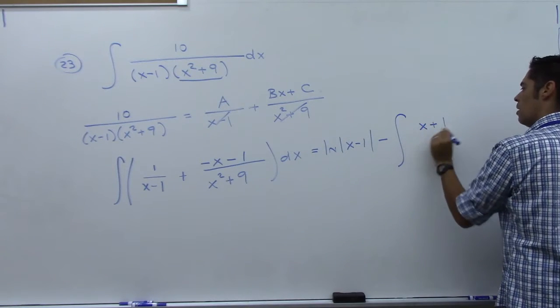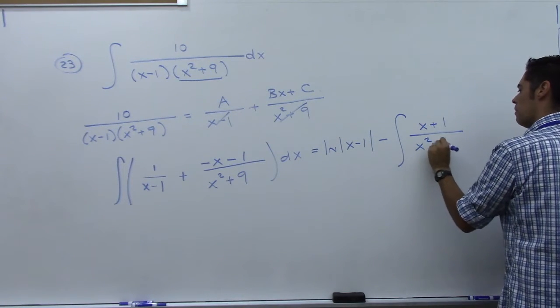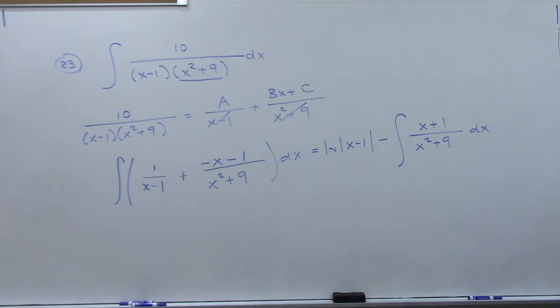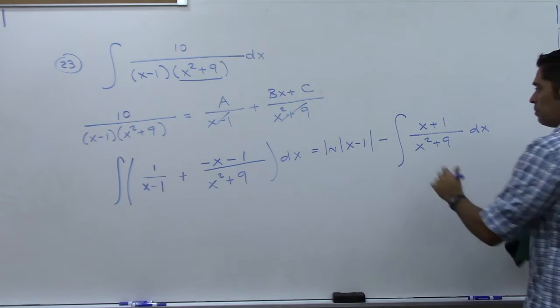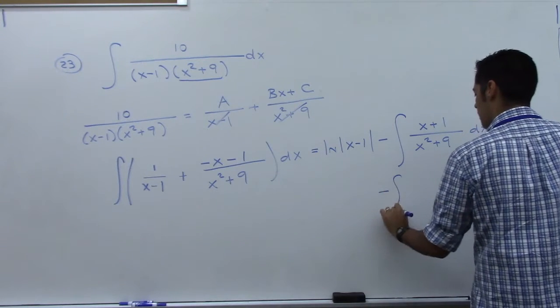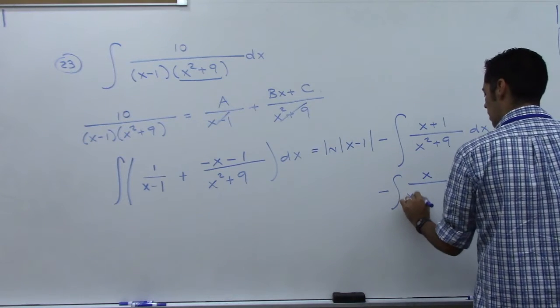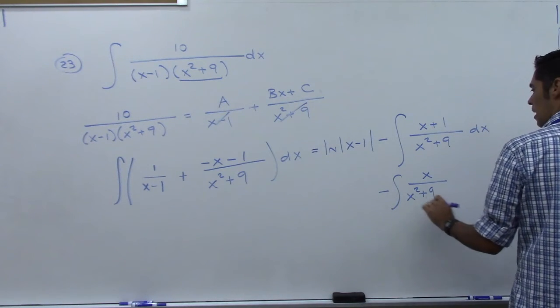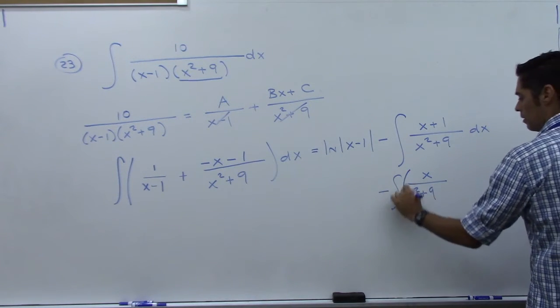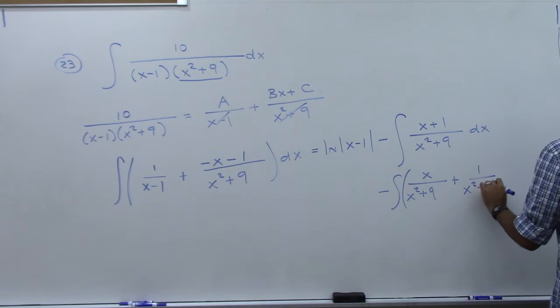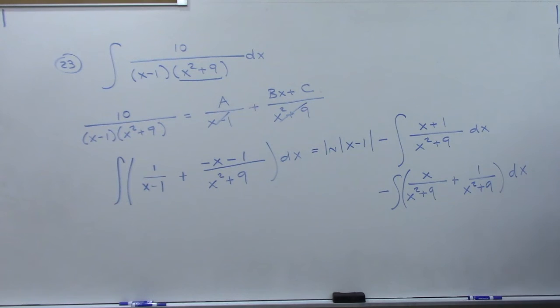So x plus 1 over x squared plus 9 dx. All right, so at this point, I notice that I can split this into 2 integrals. I can do x over x squared plus 9, plus 1 over x squared plus 9 dx.